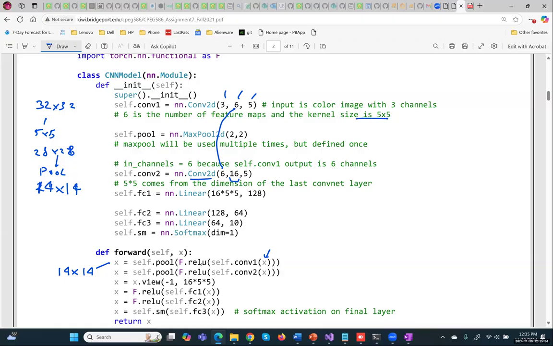So if you apply a 5 by 5 convolution to 14 by 14, what will be the answer? 10 by 10, right? And then if we do the pooling, 5 by 5.